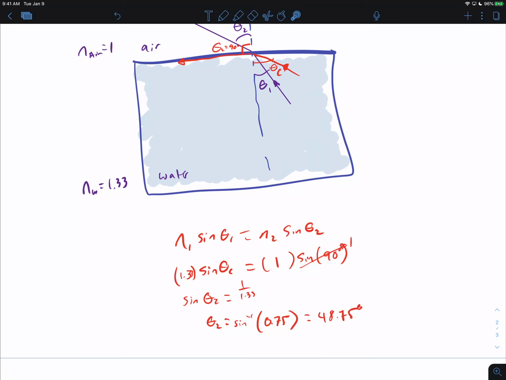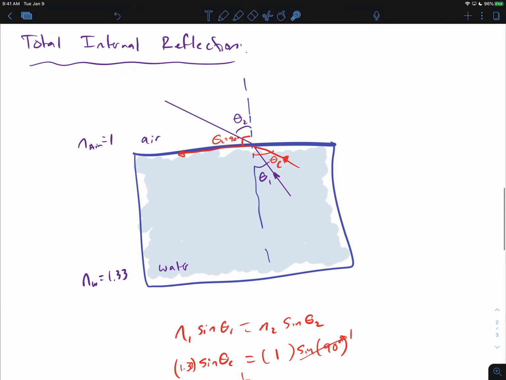So pretty much if I am incident at 48 degrees, I'll internally reflect instead of refract. I'll produce this total internal reflection on my surface.